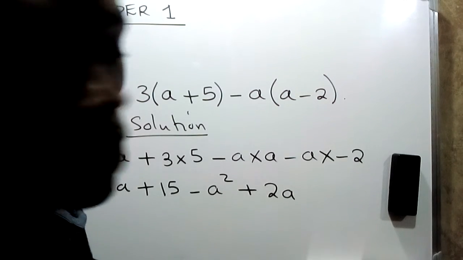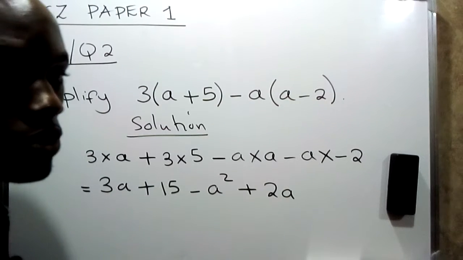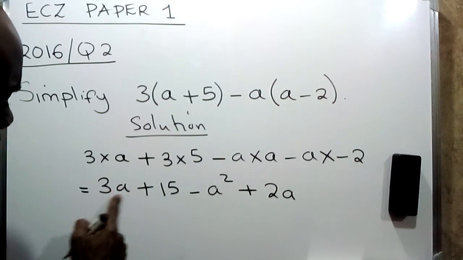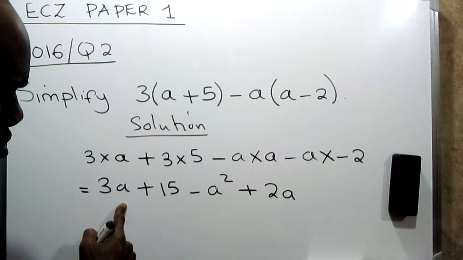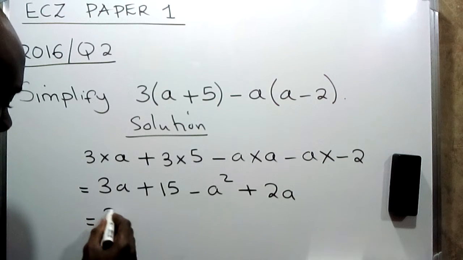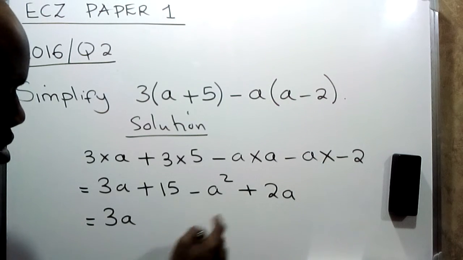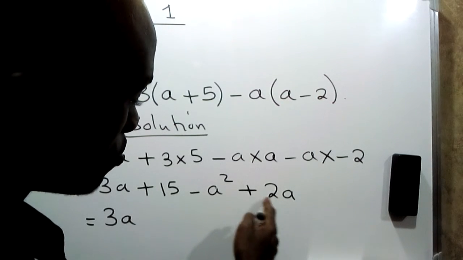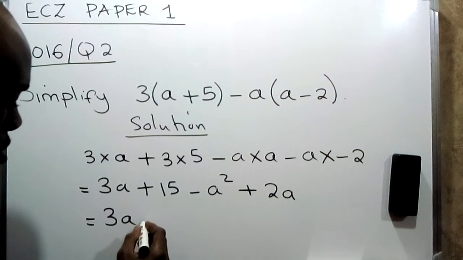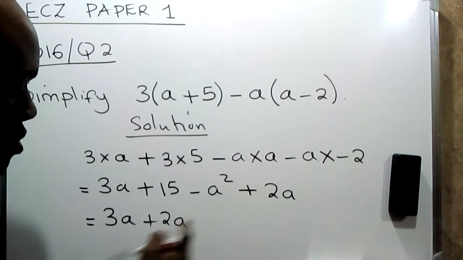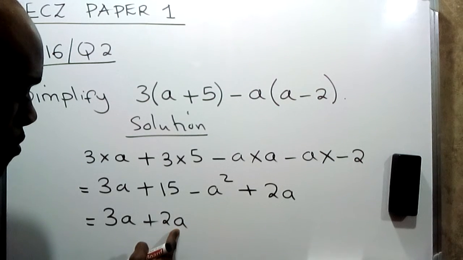Okay, so from what we have here, we can now group the like terms. Well, we have this term with the a. Which other term has got a? We have this one, 2a, so we can group the like terms here. So we have 3a, and since this is positive, we write positive 2a, and there's no other term with the a.